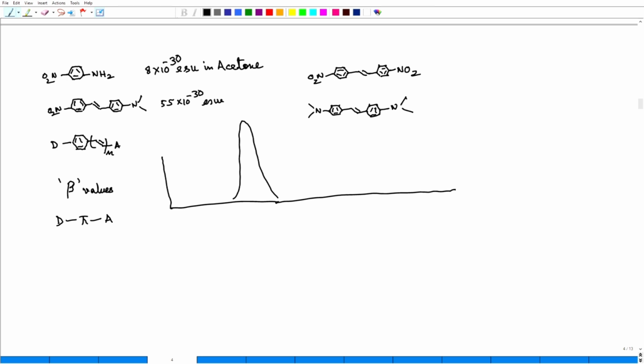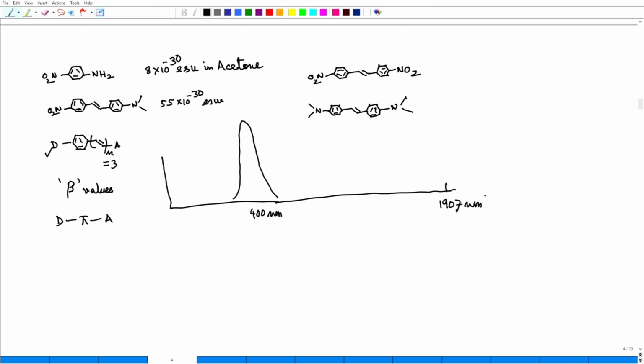Suppose DANS, when n equals 3, gives a peak here, say around 400 nanometer. Therefore, which light am I going to use? I am going to use a light way down here, 1907 nanometer.